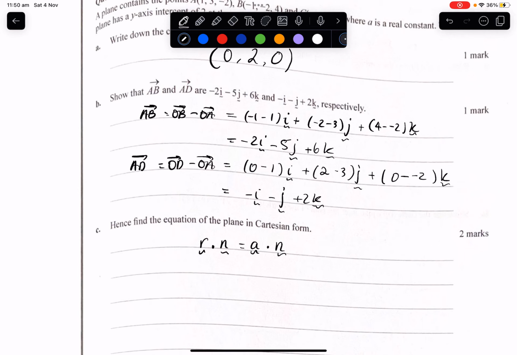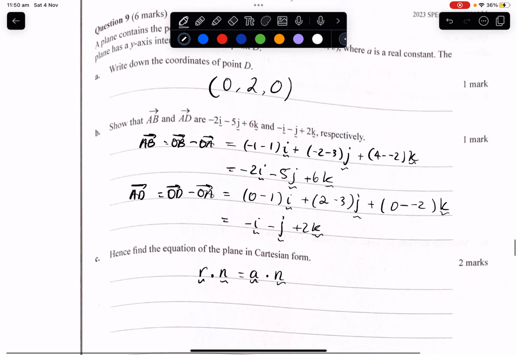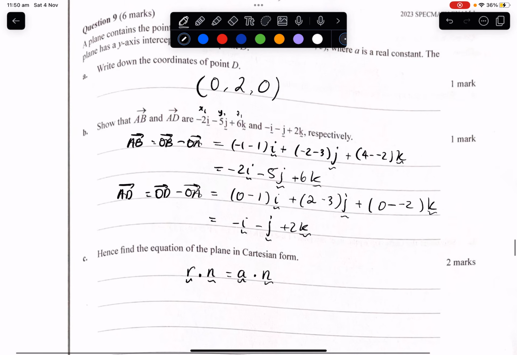All right, here it is. So the cross product. I'm just going to label AB and AD. This is x1, y1, z1, and this is x2, y2, z2.